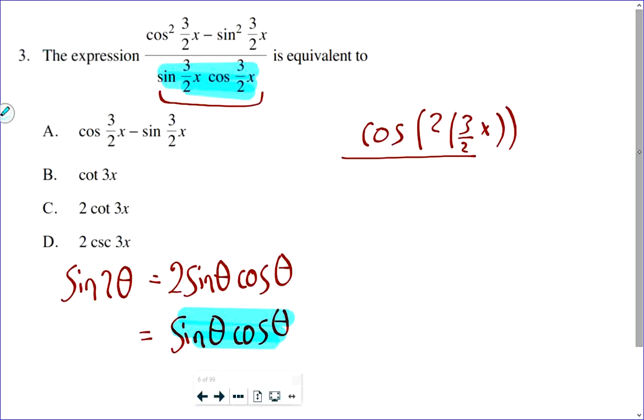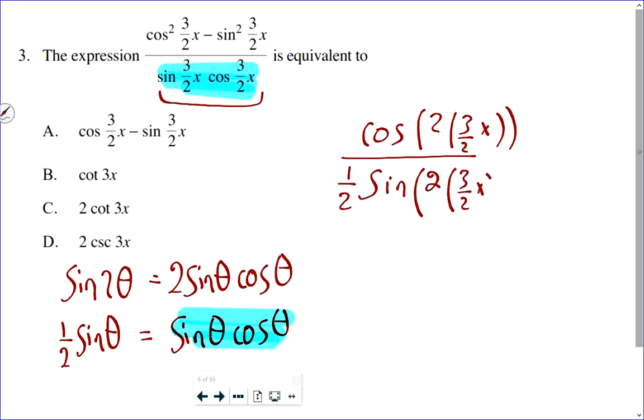See what I'm getting at? Okay. So if I divide both sides of this identity by 2, I get 1/2 sine of 2 theta, which means on the bottom of this, we're going to have 1/2 sine of whatever 2 times 3/2 x is.